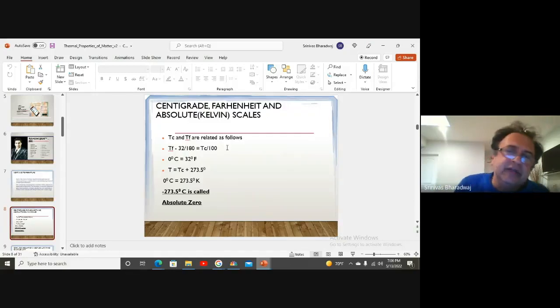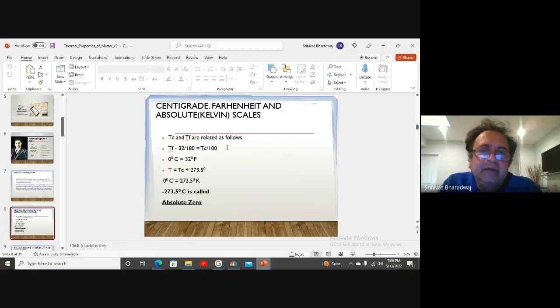38 degrees centigrade is roughly 100 degrees Fahrenheit, right? Now in India today, we are hearing of temperatures almost 45. 45 is what?